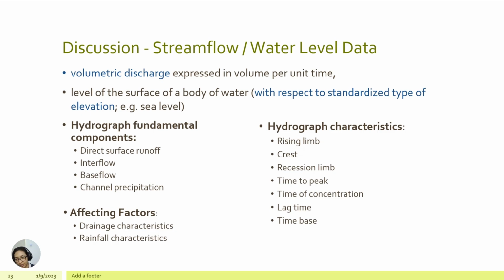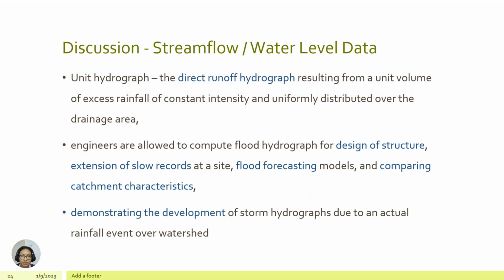The hydrograph itself has several characteristics, such as a rising limb, crest, recession limb, time to peak, time of concentration, lag time, and time base. A unit hydrograph is defined as a direct runoff hydrograph resulting from a unit volume of excess rainfall of constant intensity, uniformly distributed over the drainage area.